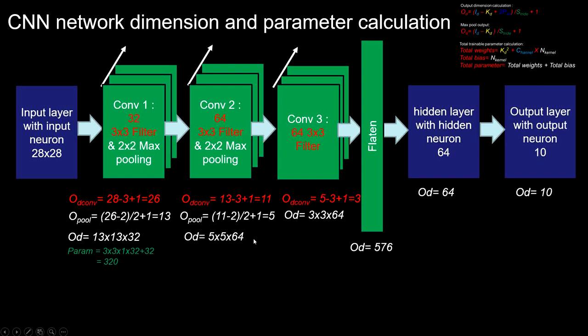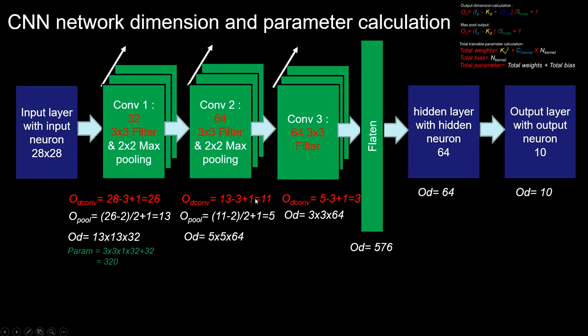And then plus the bias. The bias will be the same as your number of filters. If you have 32 filters, then you have 32 biases. So for the first convolution layer, you have 320 trainable parameters.